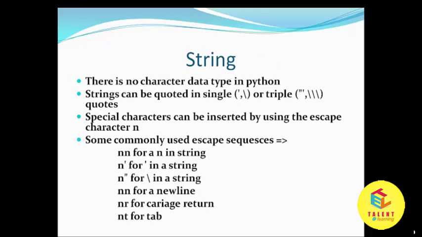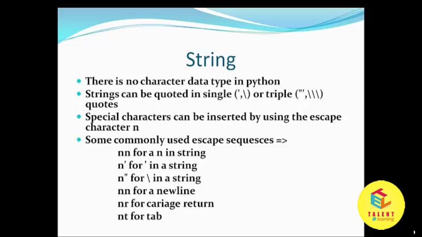Now we see the concept of string. There is no character data type in Python. Strings can be quoted in single, double or triple quotes. Special characters can be inserted by using the escape character backslash.